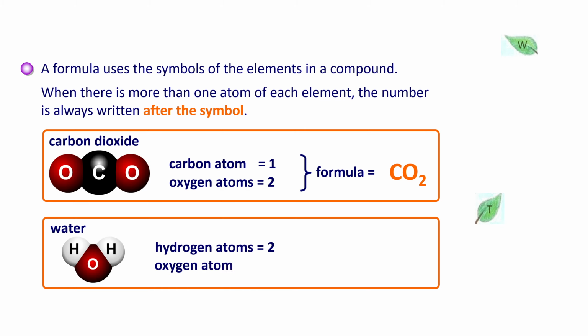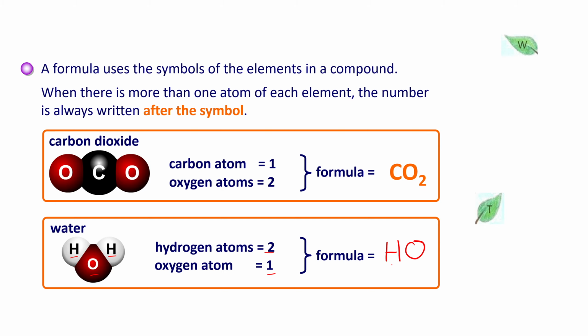Water. Now, here we have got hydrogen, hydrogen and oxygen. So we know there are 2 hydrogen atoms and 1 oxygen atom. So let's just say that I was trying to write the formula for this down. Well, I'd start off by writing capital H, capital O, because I know there is a hydrogen atom.